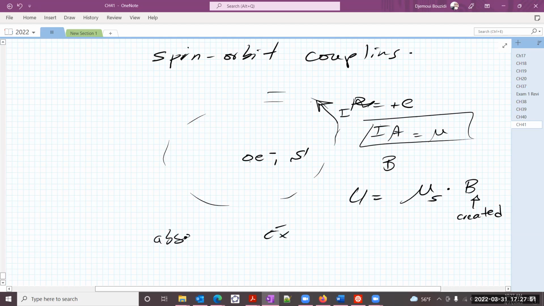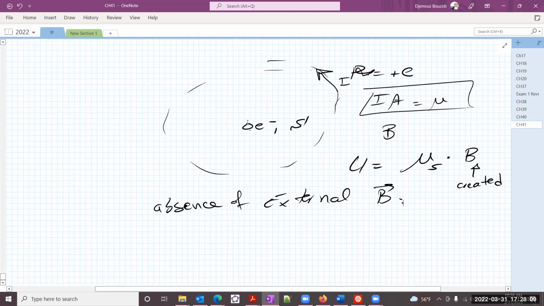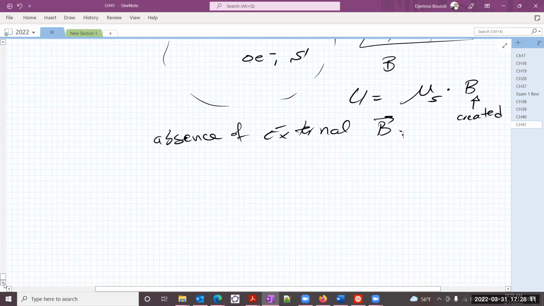So even if we are not inside an external field, there is an intrinsic coupling going on between the spin and the orbital motion. And that leads to corrections in the overall energy of the hydrogen atom.